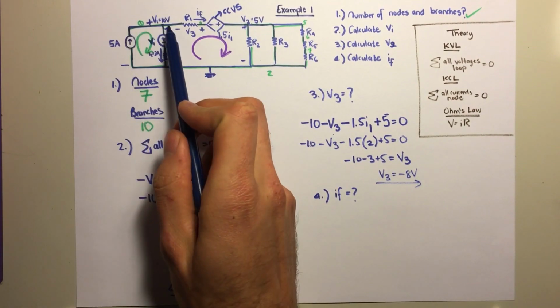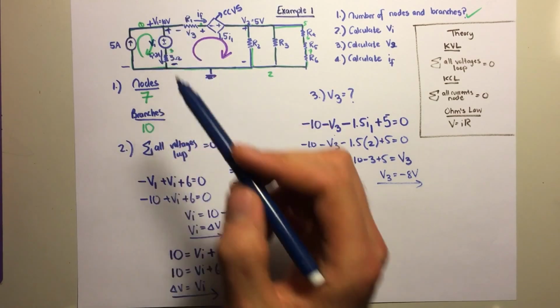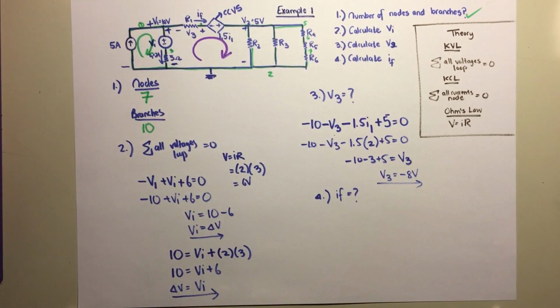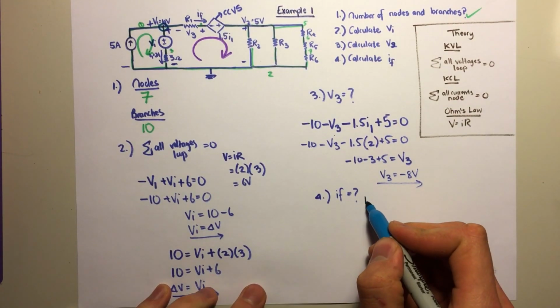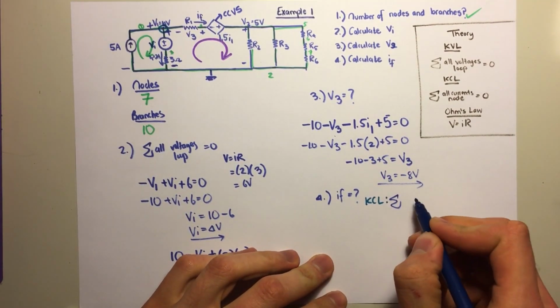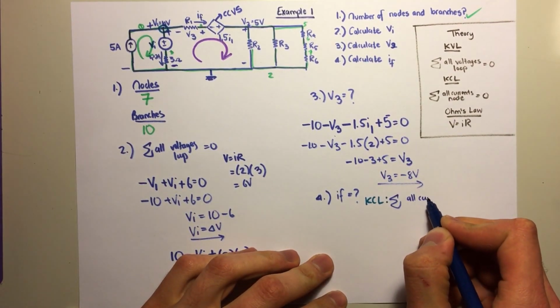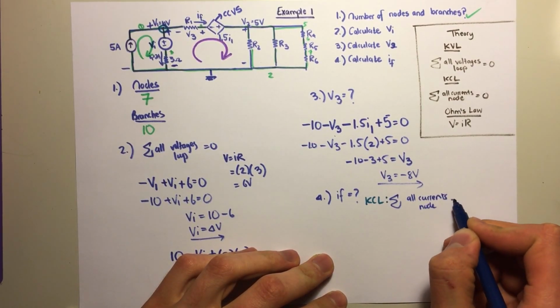We have 5 amperes coming in here, and we know the current through there is 2 amps. So it would make sense to do KCL at this node here. So KCL. KCL states that the sum of all currents into and out of a node equal 0.